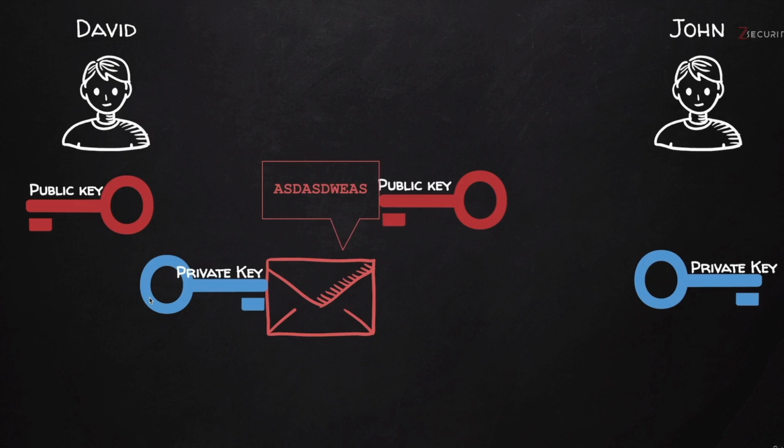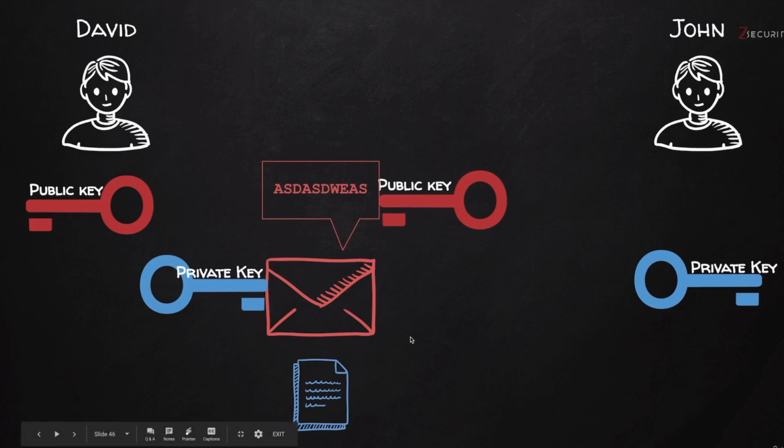And what he's going to do is he's going to create a signature for this message. This signature corresponds to this message, and if anything gets modified within the message, if one letter gets modified, the signature will change. Therefore, this signature can be used to verify that the message has not been modified since it got signed by David's private key.